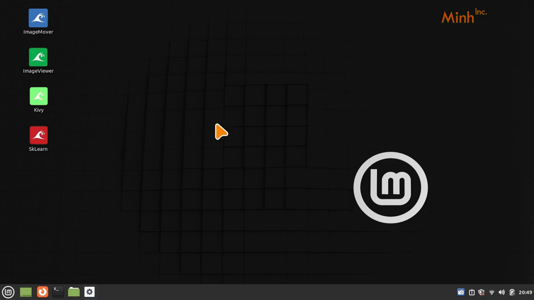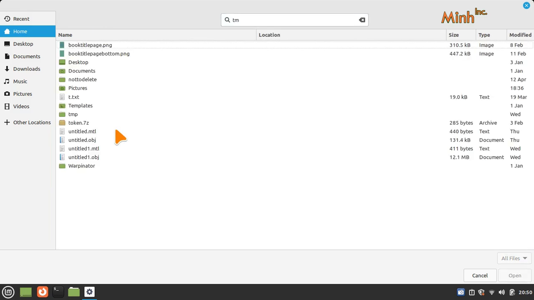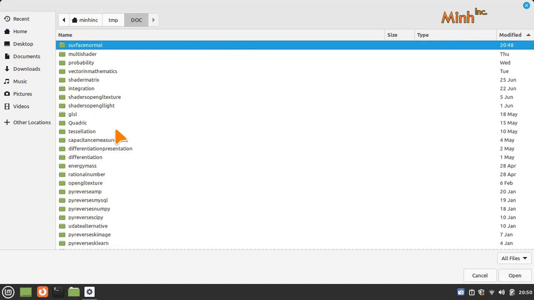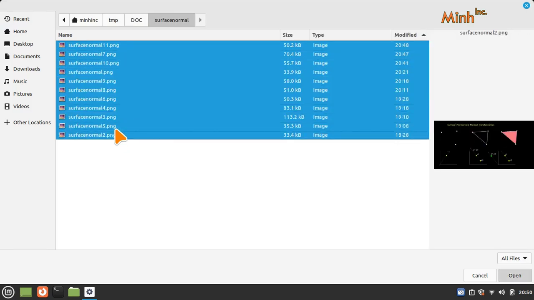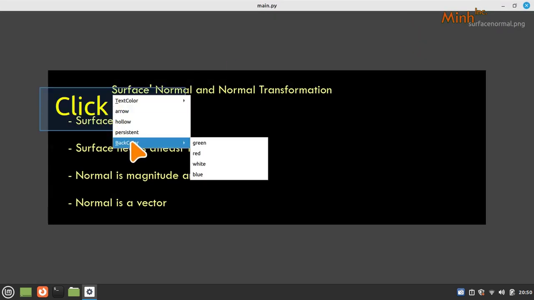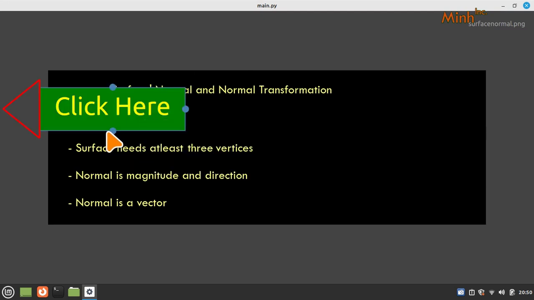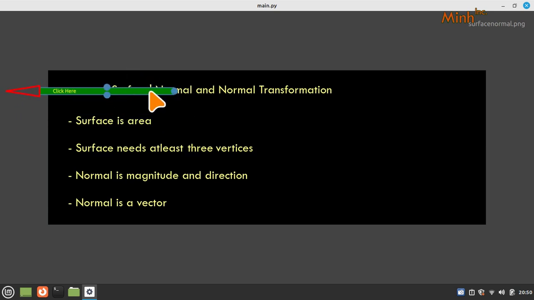Okay, so we will proceed. The discussion is on surface, normal, transformation, surface transformation, and how they are related to each other.